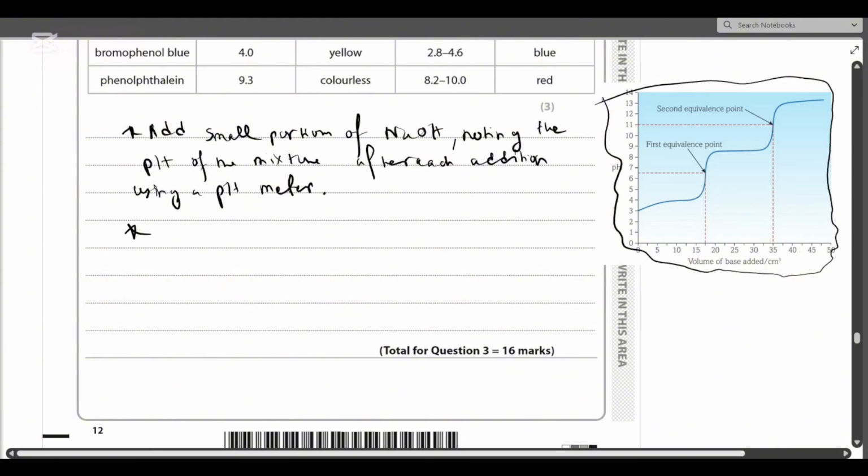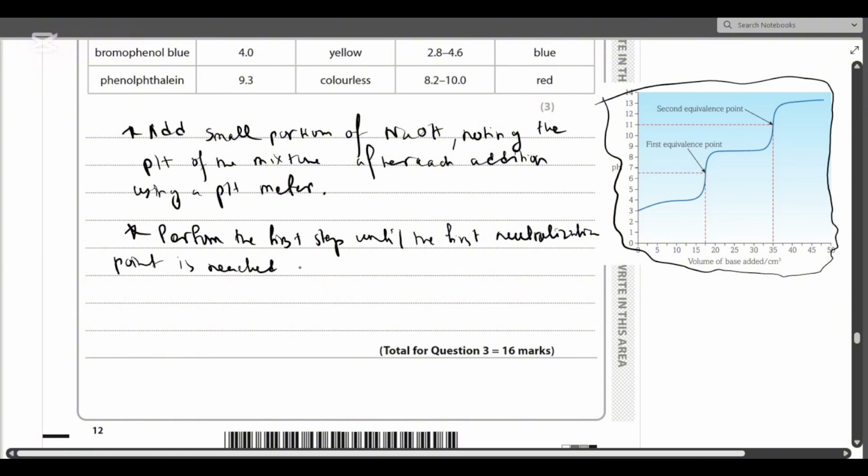The second thing you're going to do is perform the first step until the first equivalence point, or in other words the first neutralization point, has been reached. So how will you understand a neutralization point is reached?